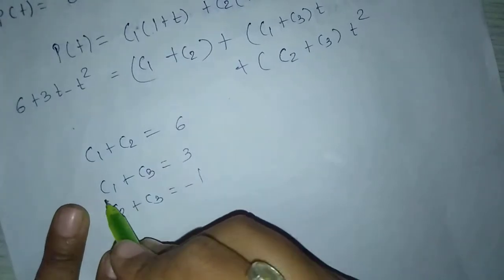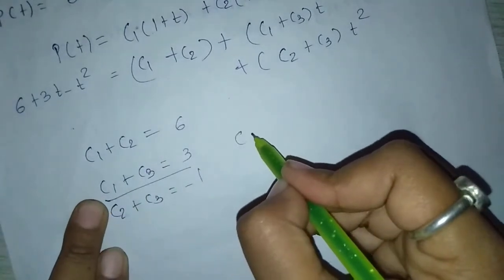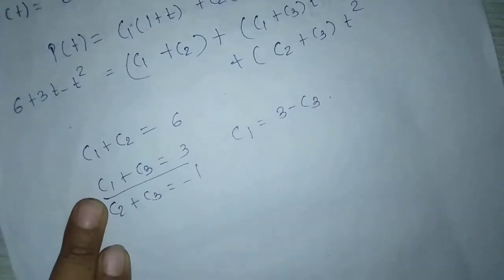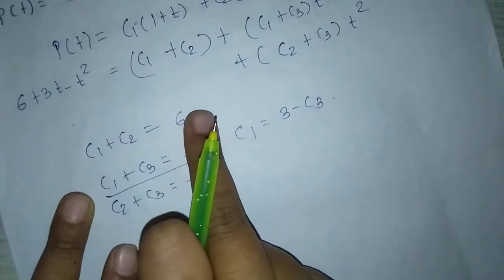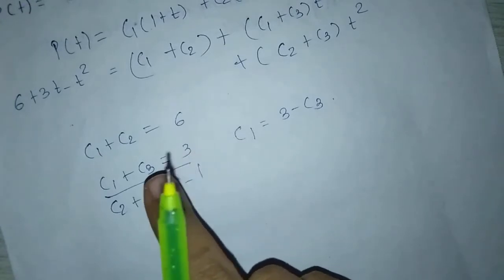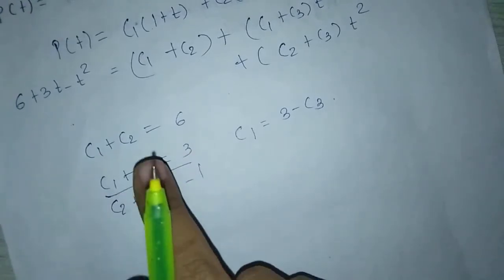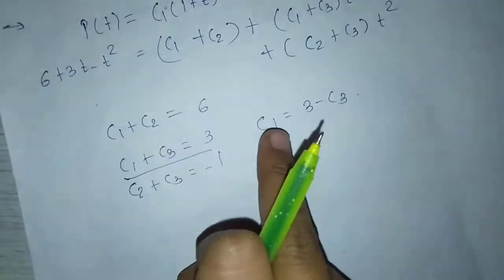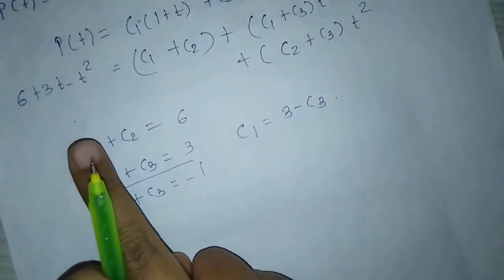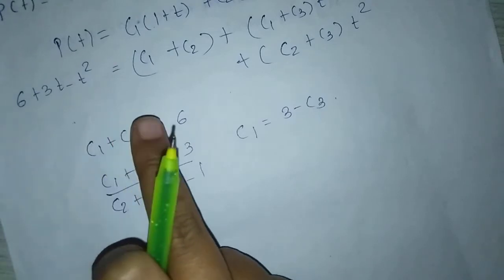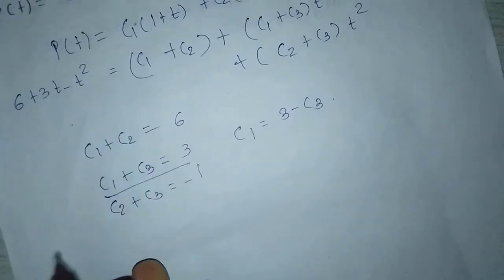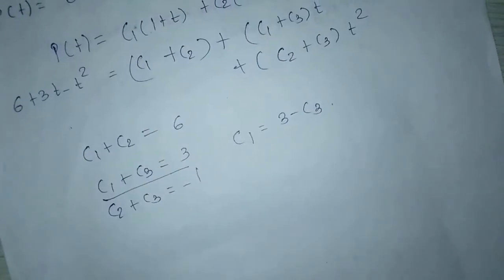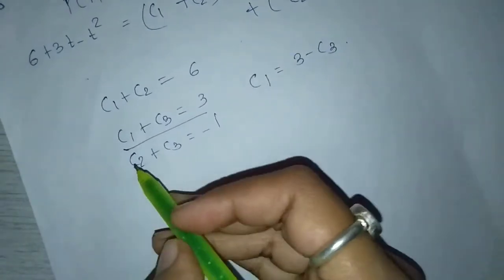From the second equation, we get C1 equal to 3 minus C3. Here we make arrangement in the form of C2, C3, because here we have C1, C2, here C1, C3. When we put C1 equal to 3 minus C3 in this equation, we get this equation in the form of C2, C3. And then solve these two systems, we get values of C2 and C3.